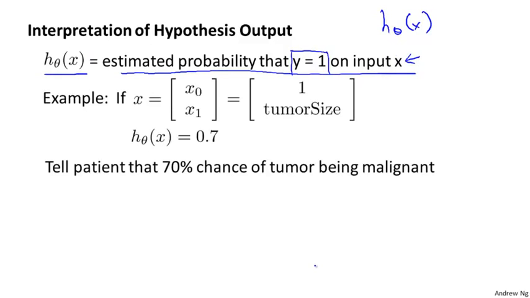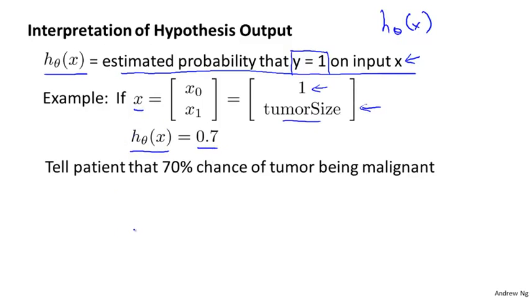Let's say we're using the tumor classification example. So we may have a feature vector x, which is this x0 equals 1 as always, and then our one feature is the size of the tumor. Suppose I have a patient come in and they have some tumor size, and I feed their feature vector x into my hypothesis, and suppose my hypothesis outputs the number 0.7.